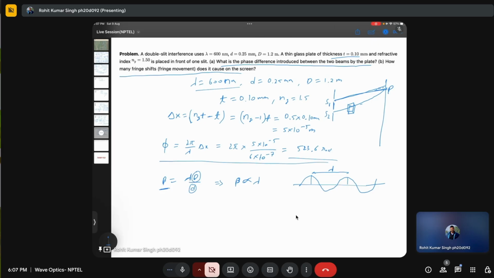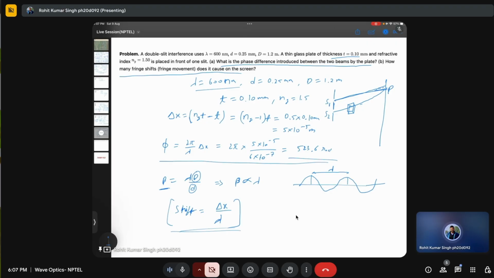The formula is very simple. The number of shifts that you observe is just delta x divided by lambda. But I'm trying to make you understand how this is the number of fringes that will shift.